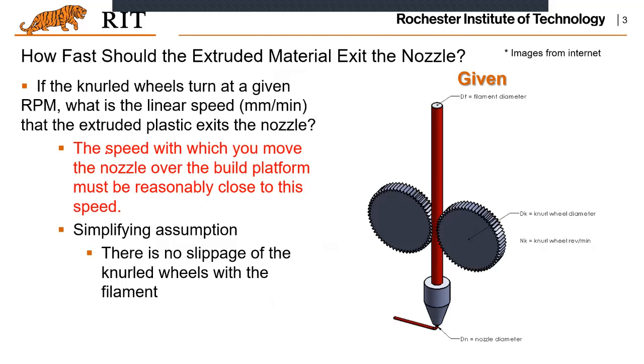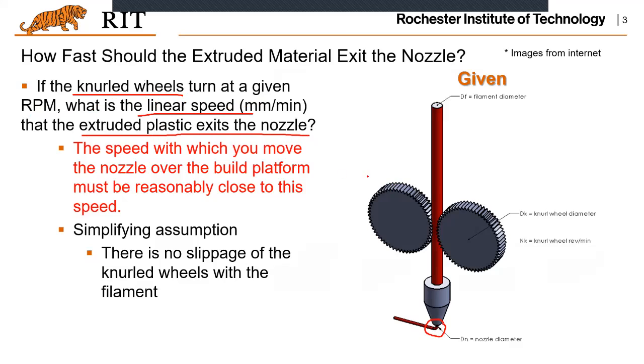So first of all, if we have a known rotation per minute of this knurled wheel, can we come up with the linear speed at which the extruded plastic exits the nozzle? Meaning, what is the speed of the material exiting from this nozzle?